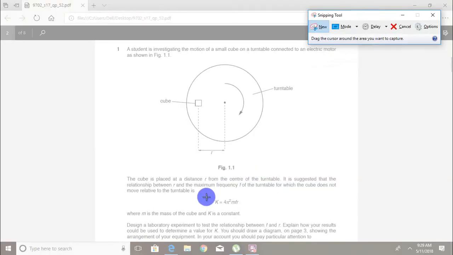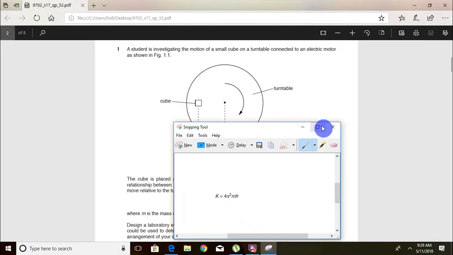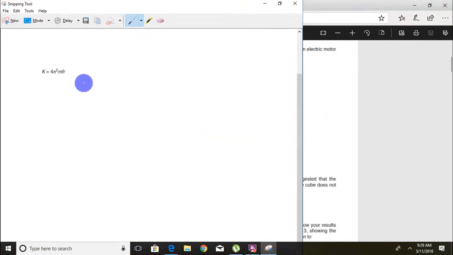What I do is underline this, so I can actually know what the equation is saying. They're saying that f and r are inversely related. So if f increases, r is going to decrease, because the rest of this is a constant and k is a constant. So f and r need to be in an inverse relationship for this relationship to hold true.